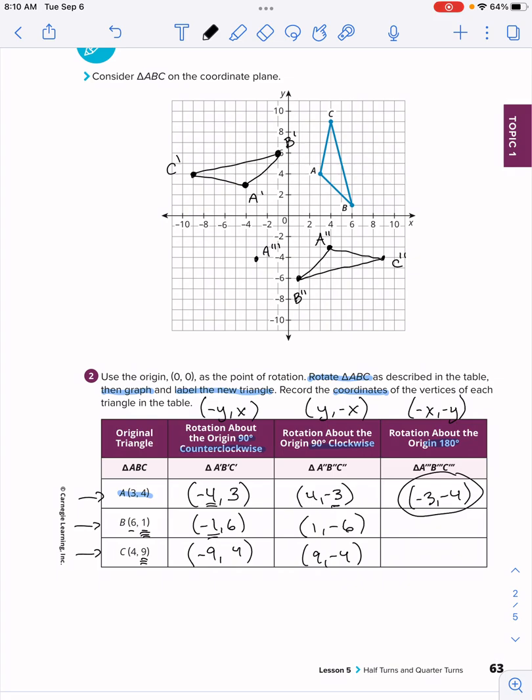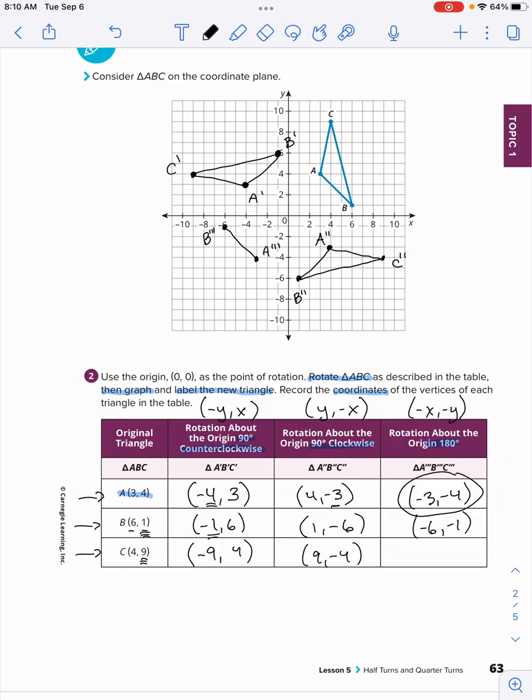Okay, let's go to the next one, B. That is right over here. That is 6 left, 1 down. B triple prime. Right, so 6 left, that's a negative 6. 1 down, that's a negative 1.